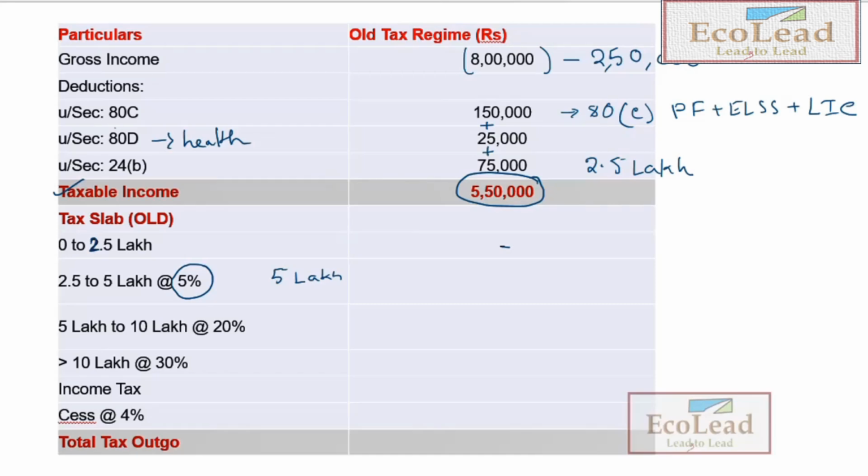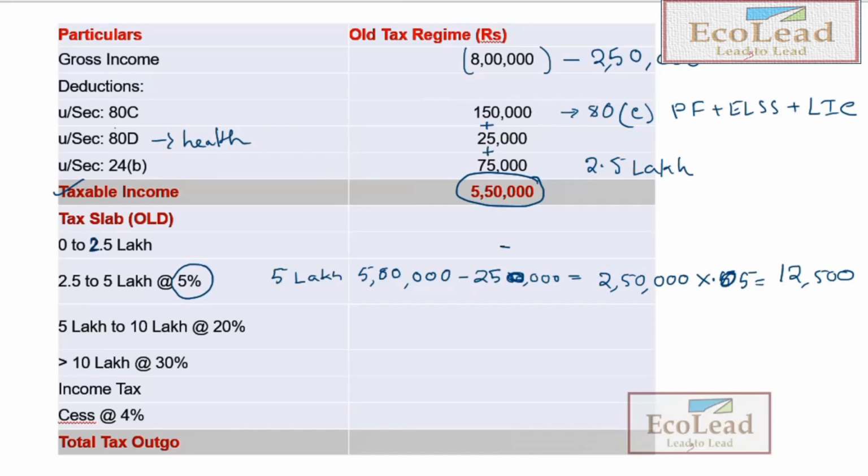So here we will deduct 2.5 lakh from 5 lakh, so the value will be 2,50,000. On that, 5% tax will be applicable. So it will be 0.05 times that, and the value will be 12,500 rupees.